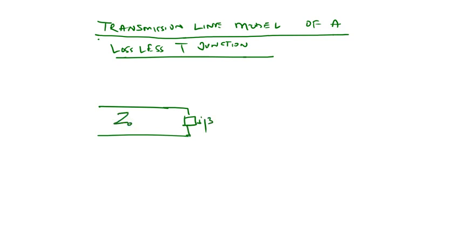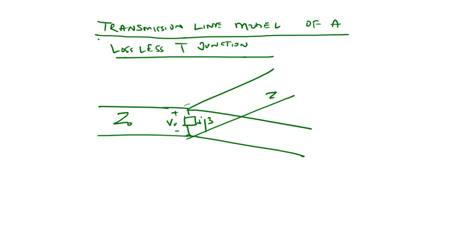This is the characteristic impedance. Here you have three lines basically. This is Z1, this is Z2. So Z1 is for the first line, Z2 is for the second line, and this is for the third line. This is the equivalent transmission line representation of the T junction.